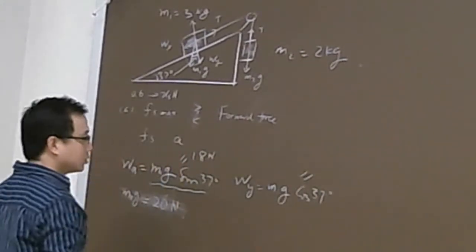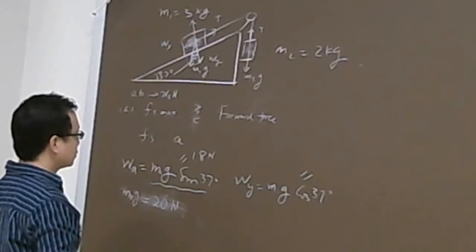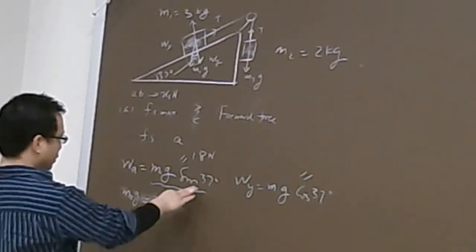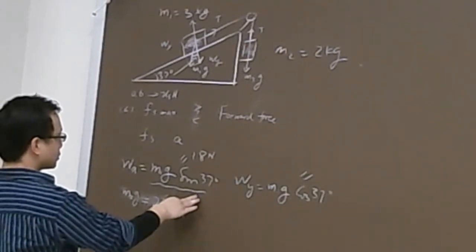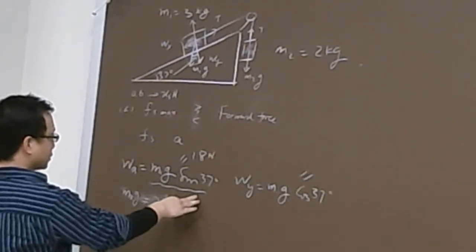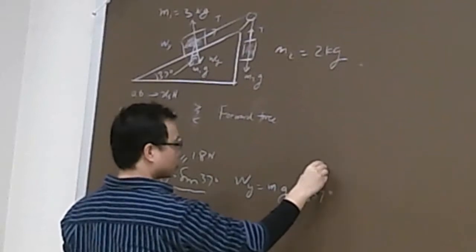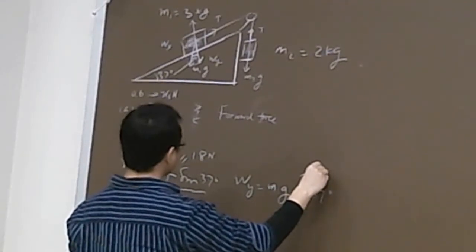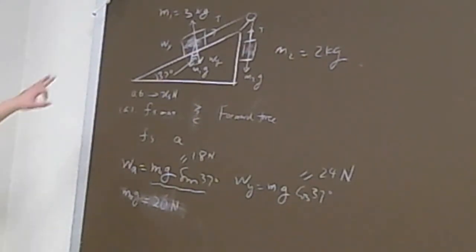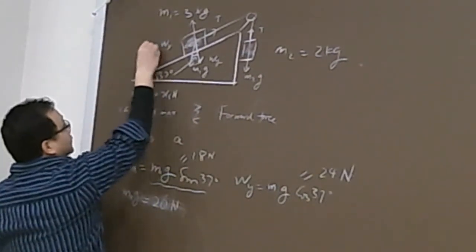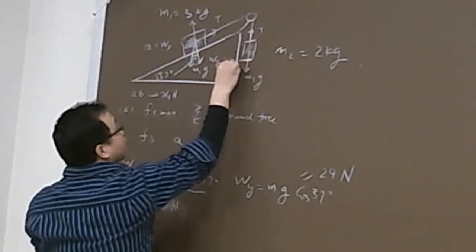And what's this? 30 times 0.8, yes, this is 24 Newton, right? So Wx equals 18, this one equals 24.